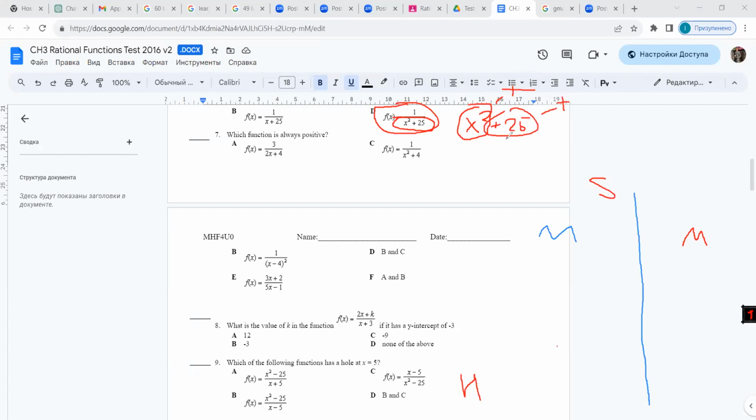The result of these two, wherever x you choose, is always going to be positive and thus never could be equal to 0. Okay? This is how you explain why you choose D.